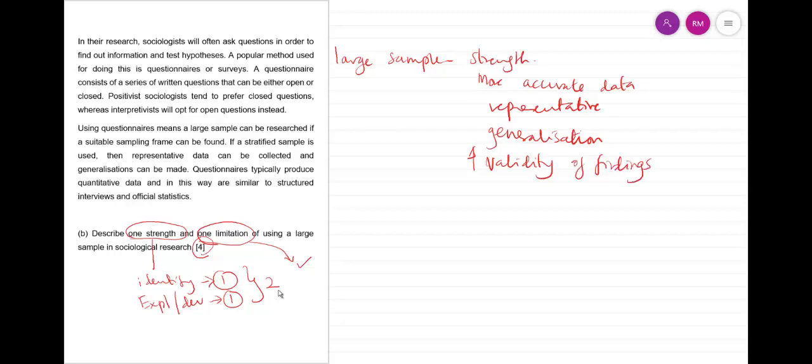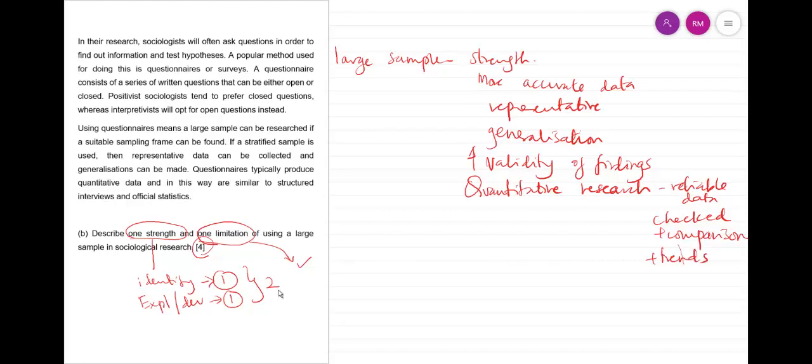Another strength is that large sample usually involves quantitative research. This implies that these data can be more reliable as they can be checked against other similar researchers and comparisons made to eventually identify trends.